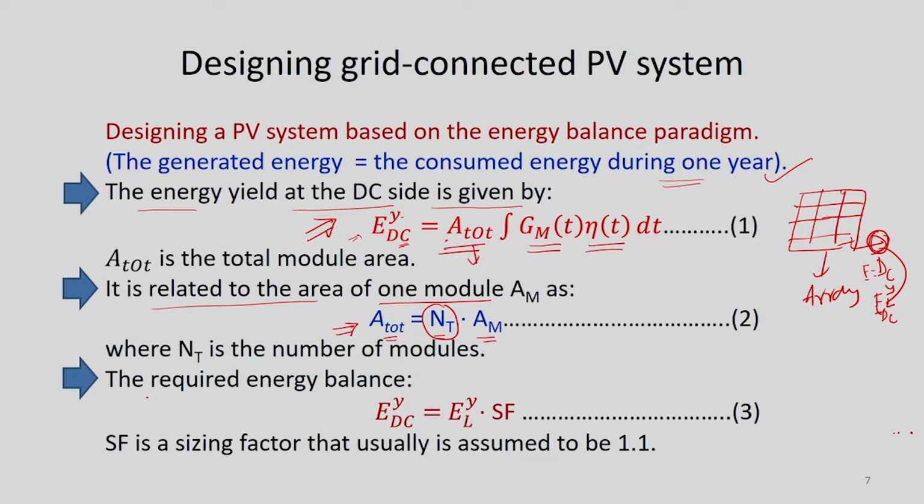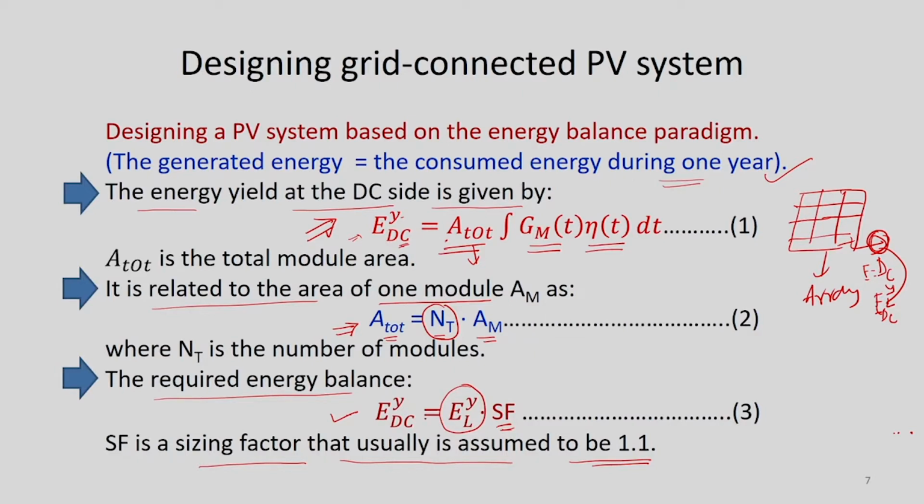So, for the required energy balance, E DC Y is equal to E L Y, where this part is called load, okay, the load side, multiplied by S F. This S F is nothing but the sizing factor, that is usually assumed to be 1.1, right. So, we equate E DC Y with E L Y, that is load side energy, times your sizing factor. Okay.